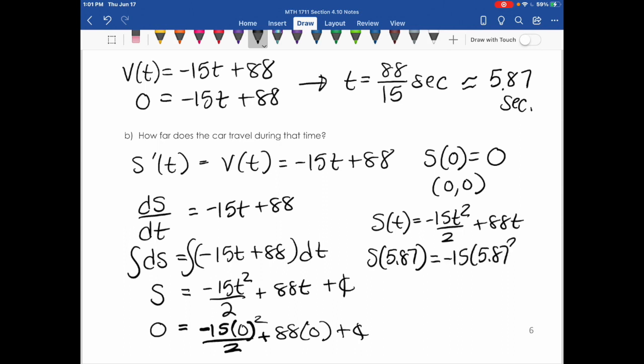So I'm going to plug in 5.87, and we are going to get approximately 258.13325 feet. So after 5.87 seconds approximately, the car comes to a stop and it's traveled 258.13325 feet.